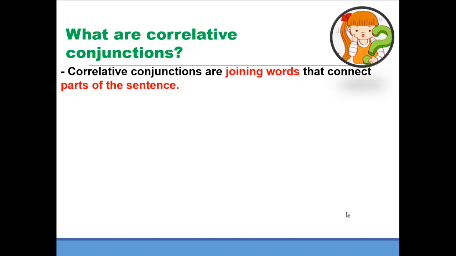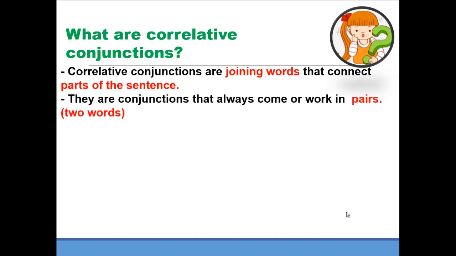They are words that join sentences or join parts of the sentences. Great. Correlative conjunctions are joining words that connect parts of the sentence. They are conjunctions that always come or work in pairs. They are two words that come together and work together to join parts of the sentence.